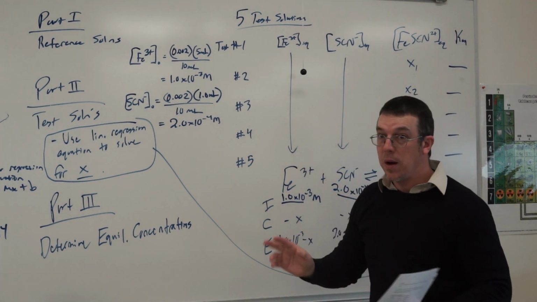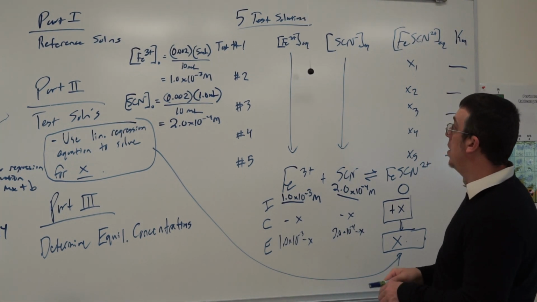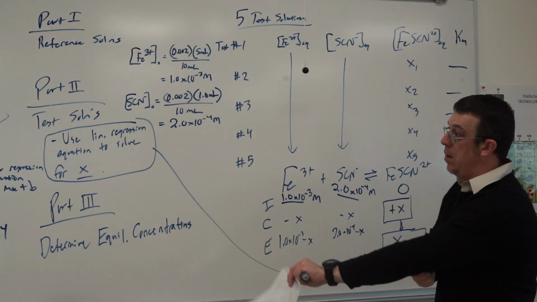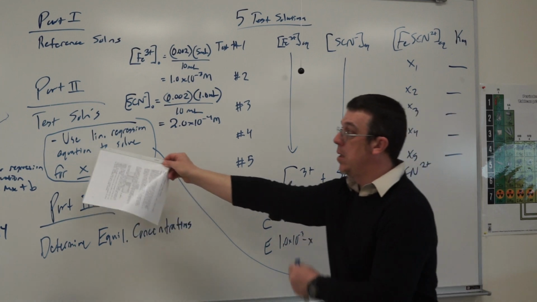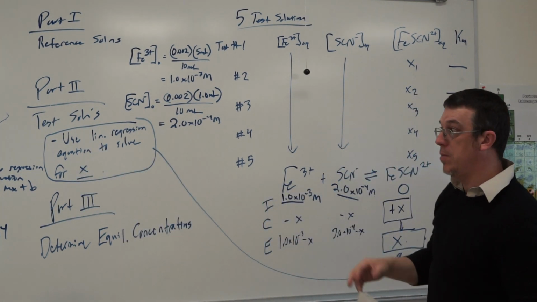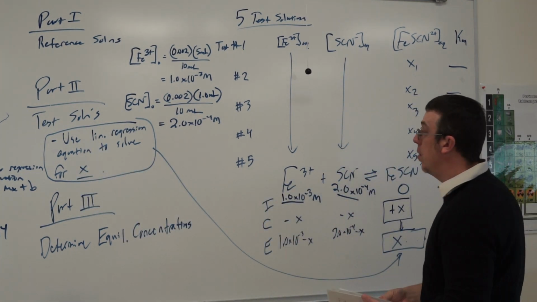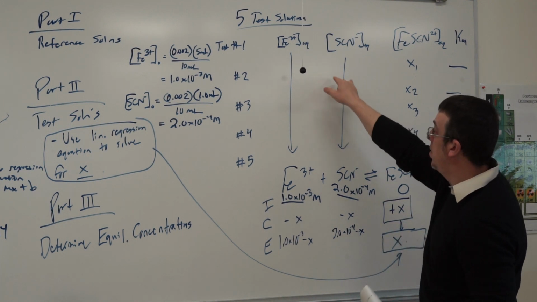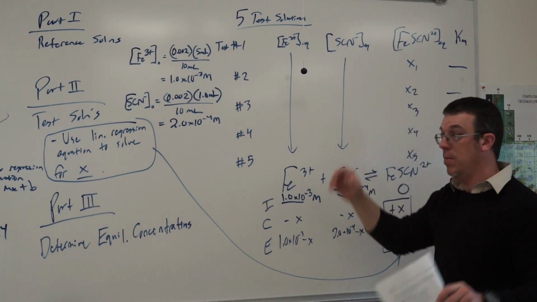Theoretically speaking, they should not be exactly the same because your value for x should change in each of those experiments because you have 5 different absorbance values. So these should never be the same. All right.